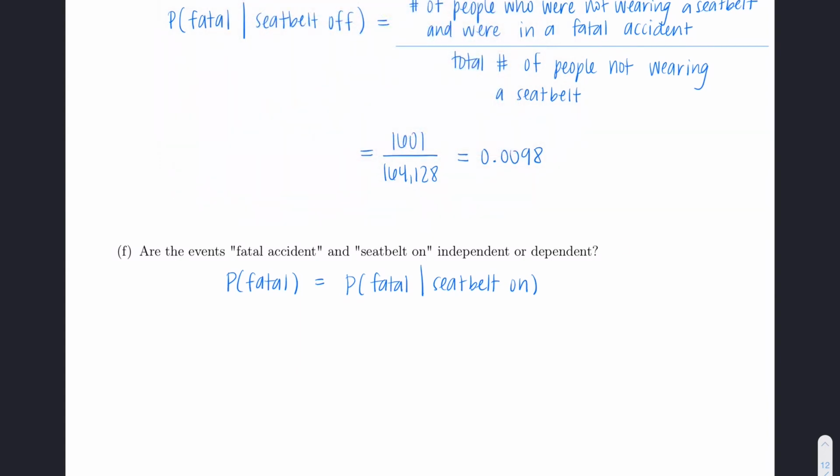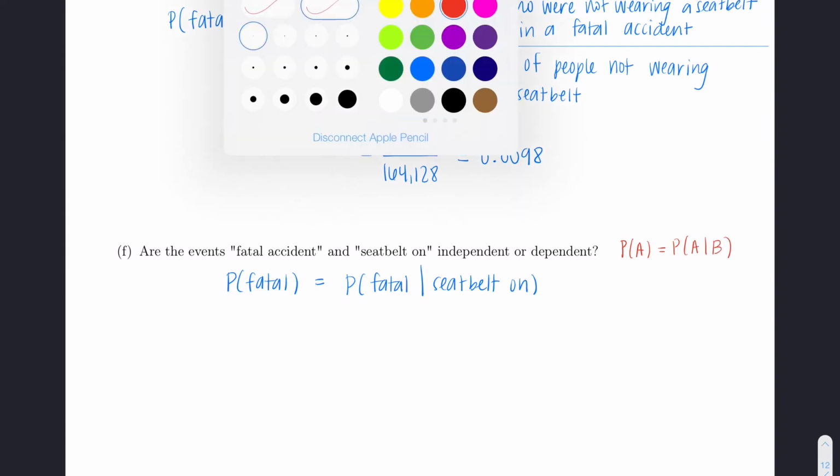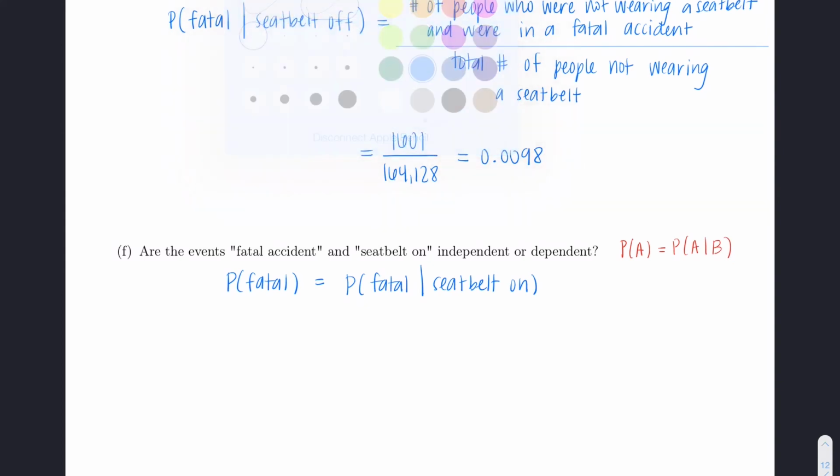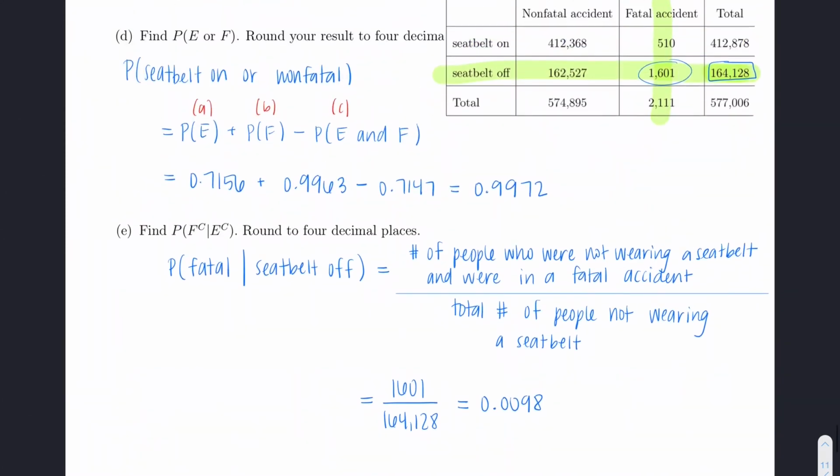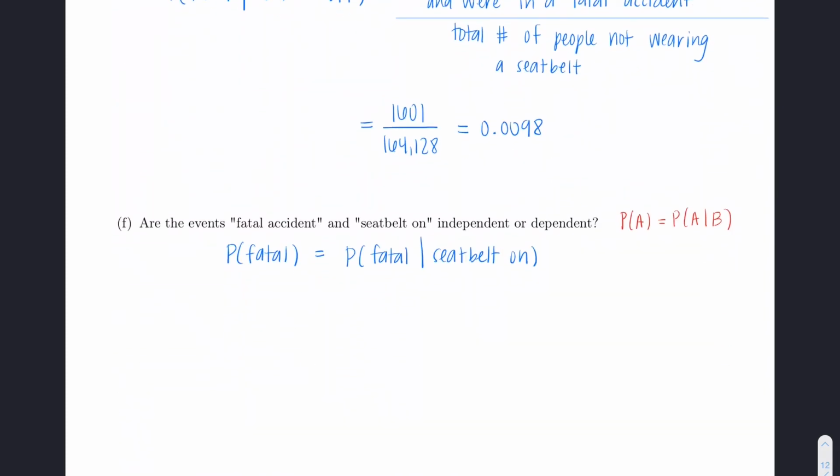If the probability of A is equal to the probability of A given B, then your two events are independent. So if this is true, then my events are independent. So let's find probability of fatal. It's going to be the total number of people in a fatal accident, so 2111, divided by the total number of people in my sample, 577,006.